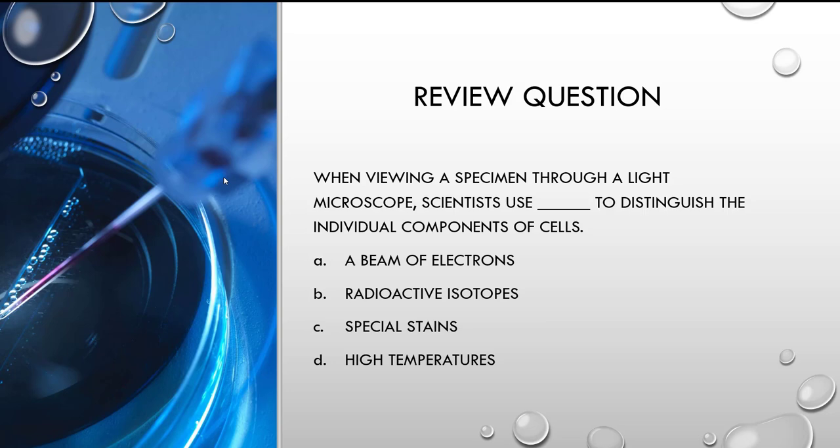What do scientists use to distinguish individual components of cells? If you said C, special stains, I would agree with you. Just like with the cheek cells used in the in-person part of our lab, they use a special stain in order for us to be able to see the nucleus of our cheek cells. Okay, so C is the correct answer.